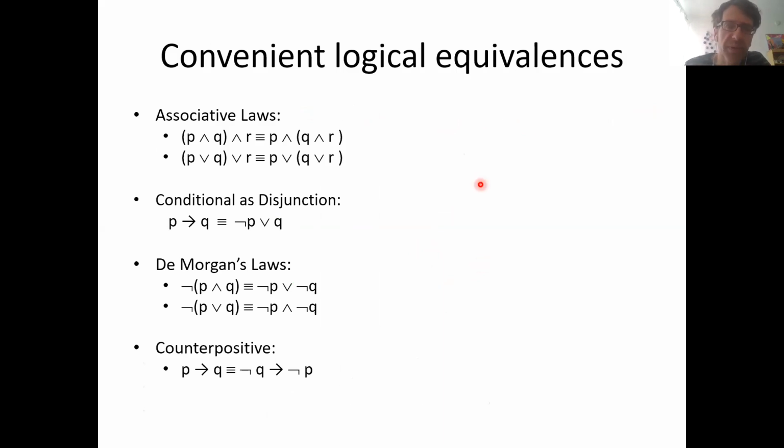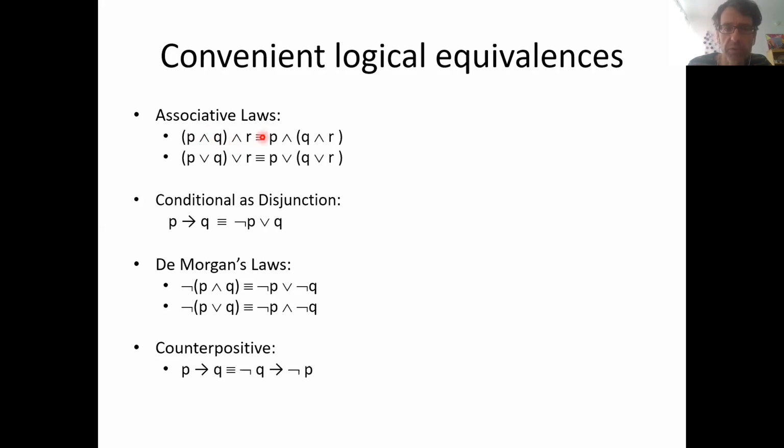So by now, we have seen a bunch of logical equivalences, the laws that are always true, right? We have seen the associative laws, which are simple: the order of conjunctions does not matter. And indeed, whenever you see such a thing, you could rewrite it ignoring the brackets.